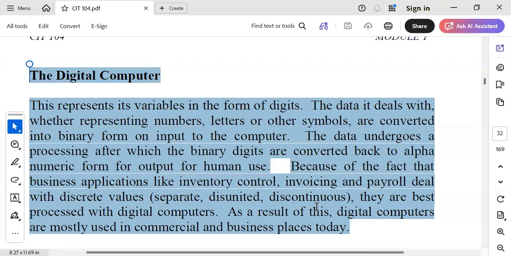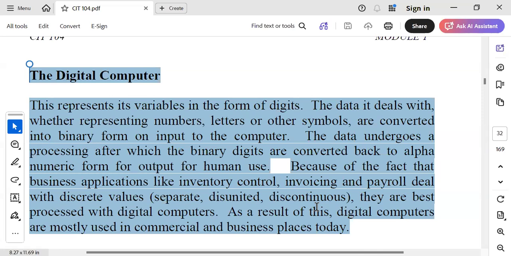When you talk about input devices, those are things that go into the computer, and then it processes to numbers or letters or symbols, and the process goes out in numeric forms for us humans to use. So it is mostly used in business places, commercial places. So that's what I understood.